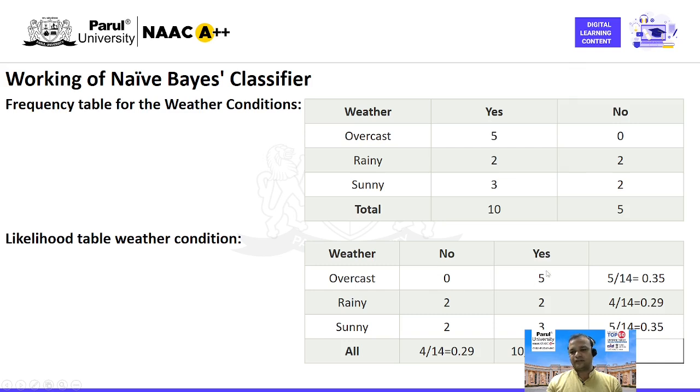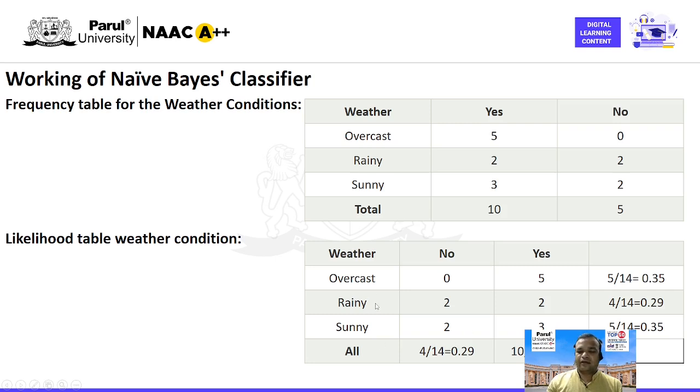How many said yes? Five. So 5 plus 0, total 5. So 5 upon 14, where the total number of members is 14. You can correct it here. So 5 upon 14 is equal to 0.35.